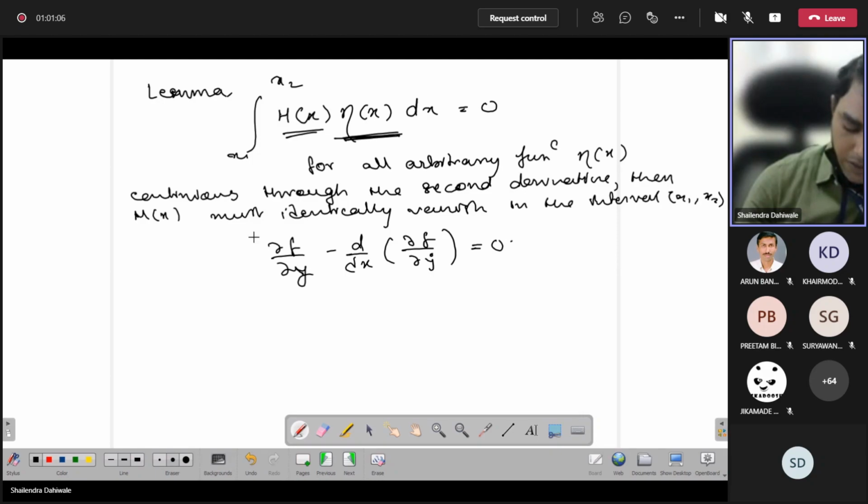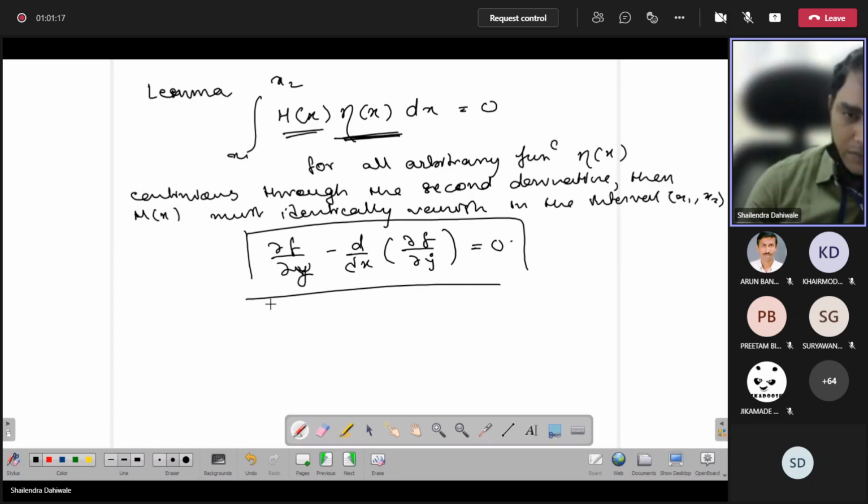And if you see it carefully, this is your Euler-Lagrange equation. This is your Lagrange's equation of motion. This was first proved by Euler. Here f is a function of y, y dot and the parameter x. So your Lagrangian is a function of q, q dot and the parameter t. Here y is q, y dot is q dot, x is t.